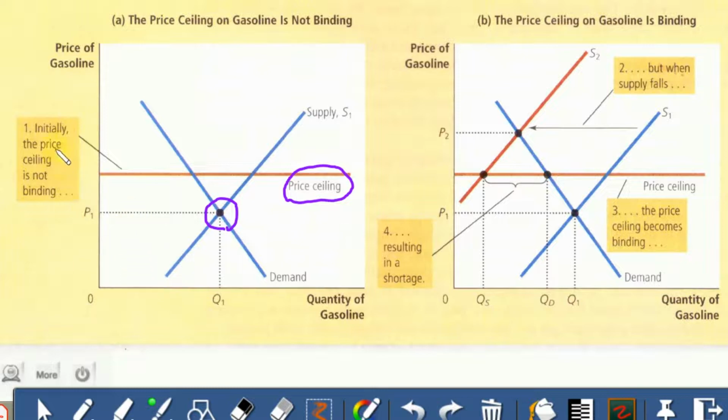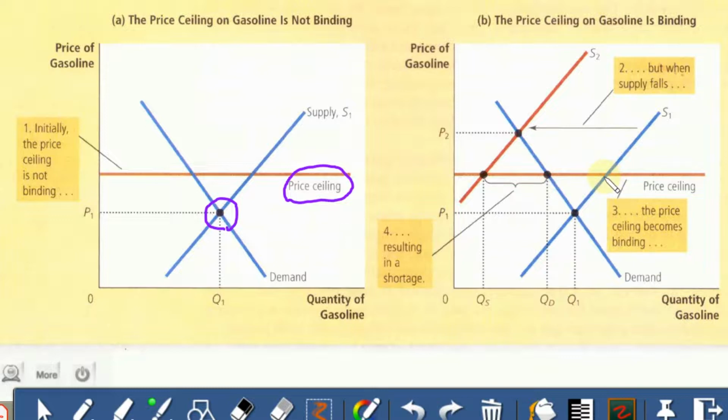So, next to the graph, panel B, because of the reduction of supply quantity, as supply quantity reduced, they reduced the quantity from the blue line to the red line here.